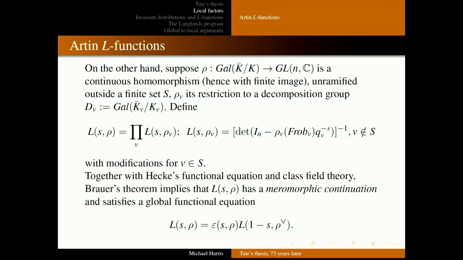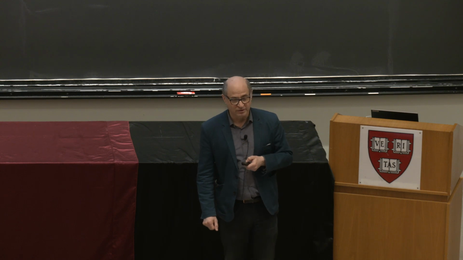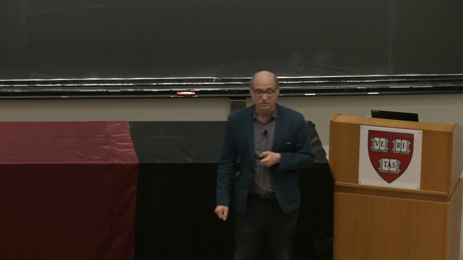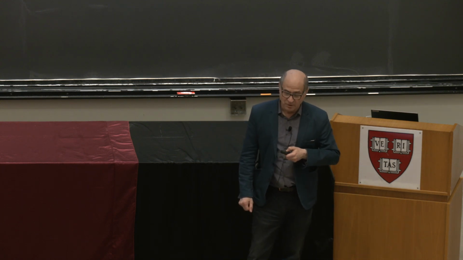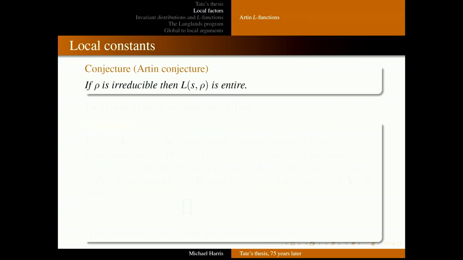And the functional equation, this epsilon, is obtained by taking an alternating product of various epsilon factors of induced representations. Right? A meromorphic continuation, of course, Artin conjecture is that it, in fact, is entire if rho is irreducible. But I'm not going to talk about that. Joe Buhler is going to talk about some instances of that.